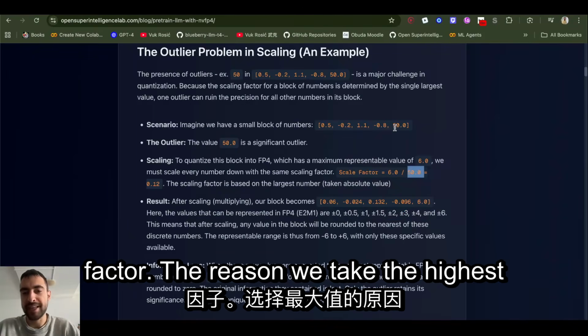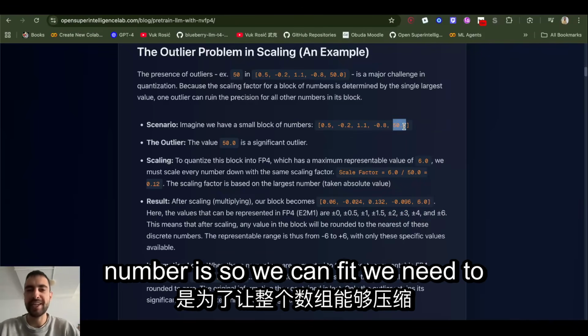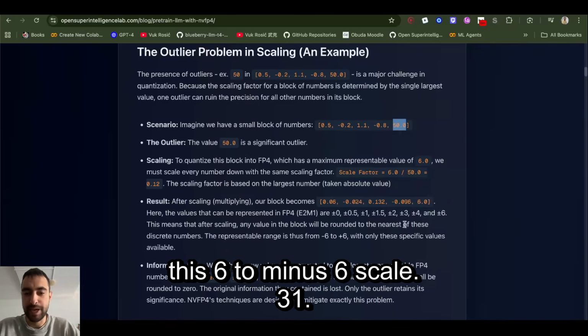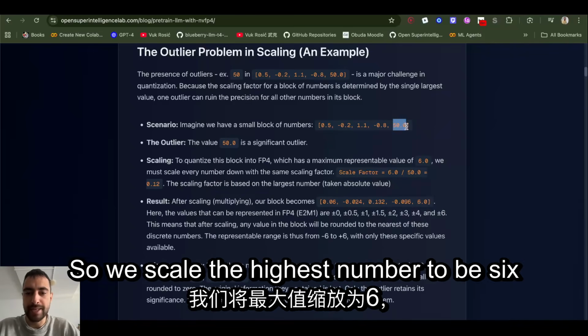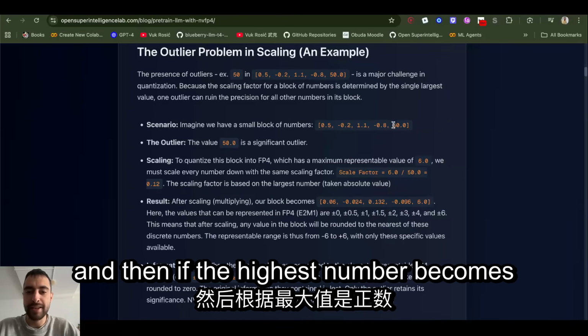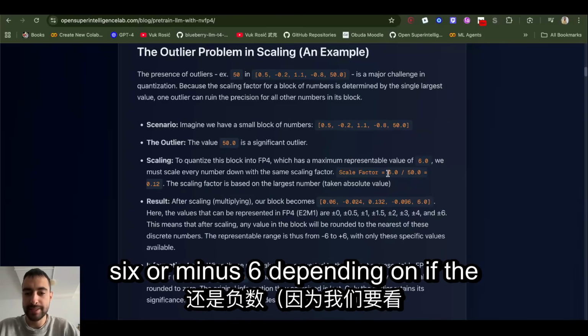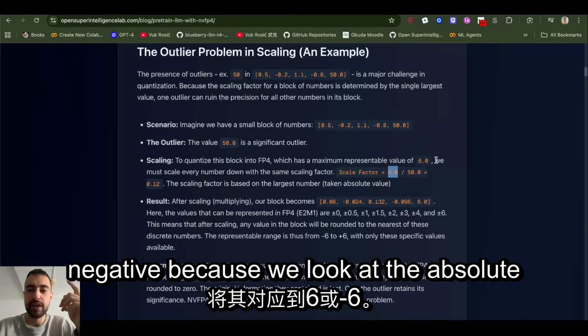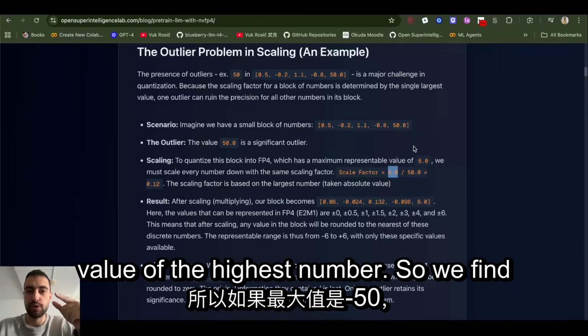The reason we take the highest number is that we need to squash the entire array to this 6 to minus 6 scale. So we scale the highest number to be 6, or minus 6, depending on whether the highest number is positive or negative, because we look at the absolute value.